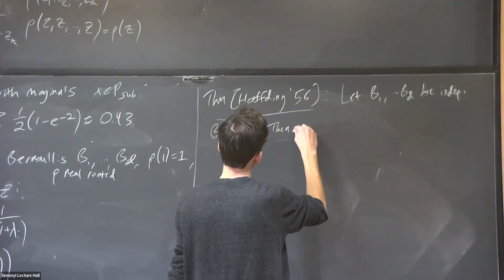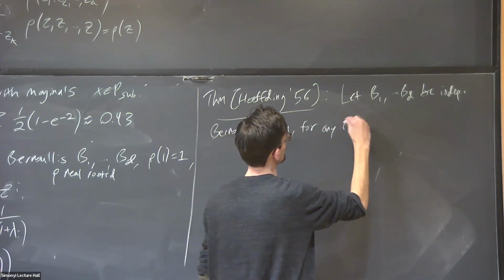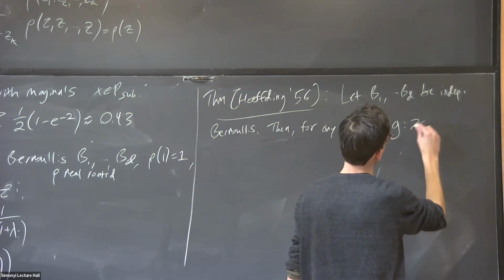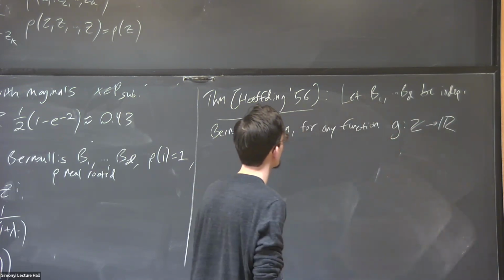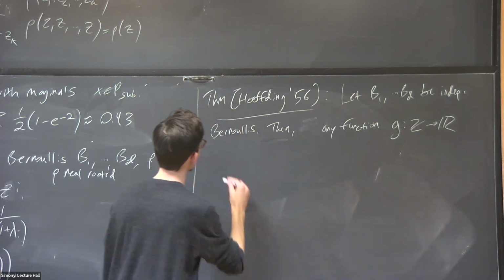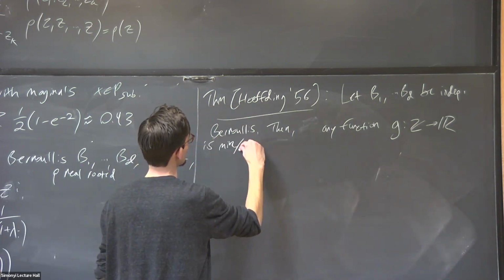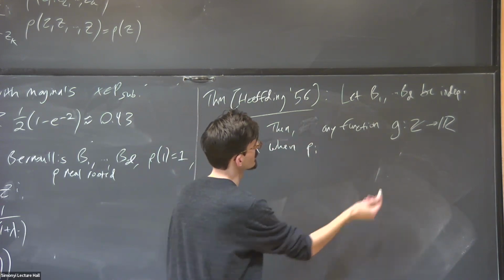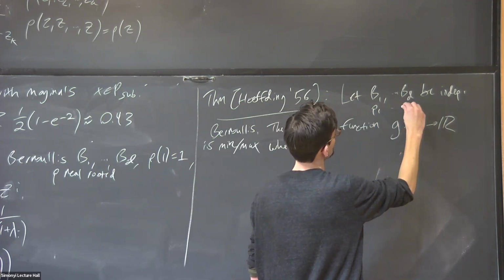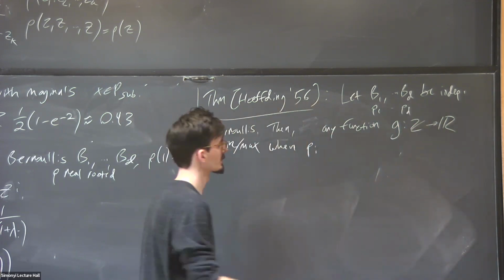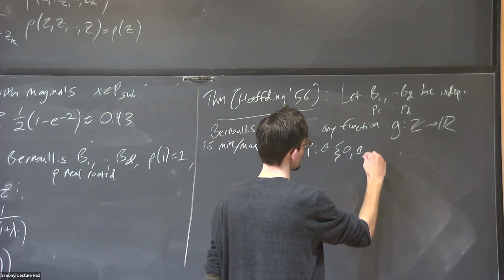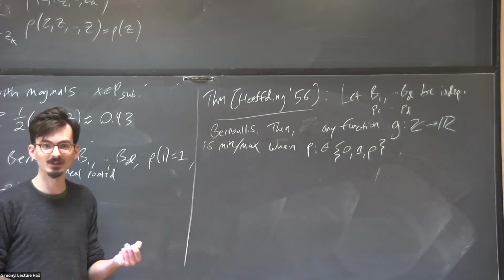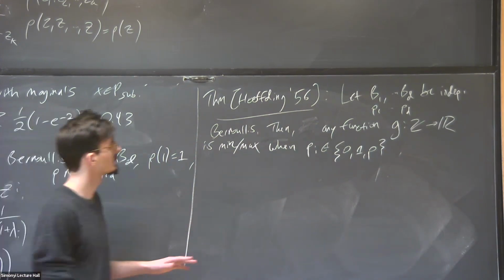Then for any function G from the integers to the reals, the expected value of G is minimized or maximized when all of the success probabilities, so you're going to have success probabilities P1 to PD, are in the set 0, 1, P for some fixed P. So some can be 0, some can be 1, and the rest are all equal.